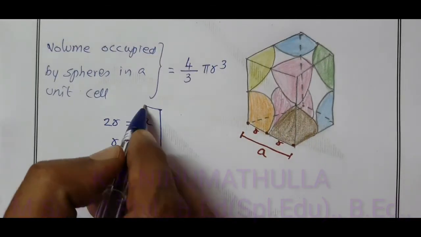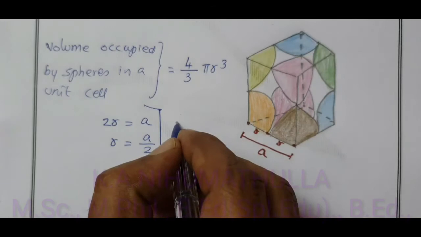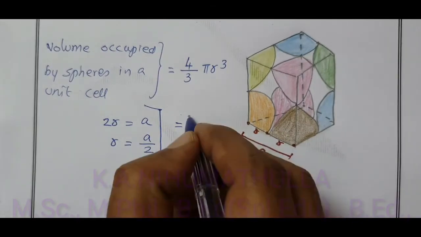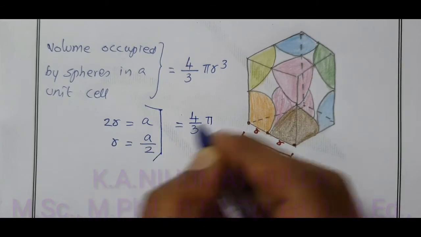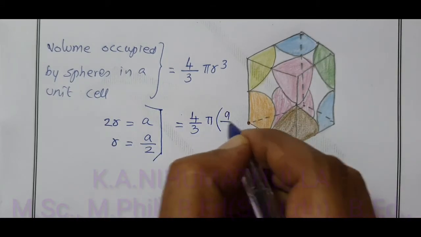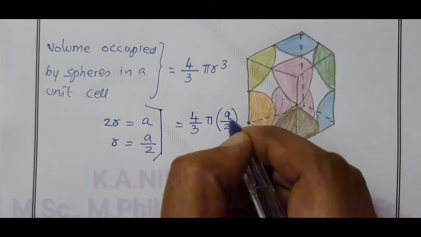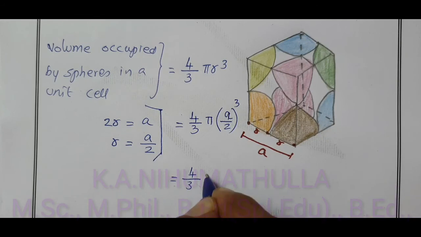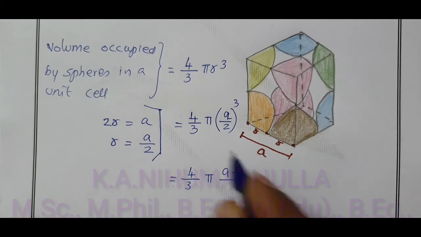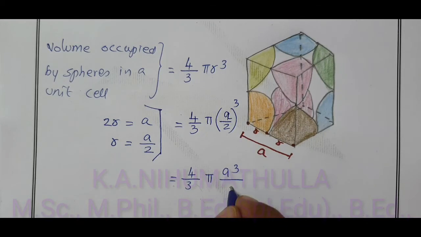When you apply the r value in this equation, you get 4 by 3 pi into (a by 2) the whole cube, that is equal to 4 by 3 pi into a cube by 2 cube, which is 8.